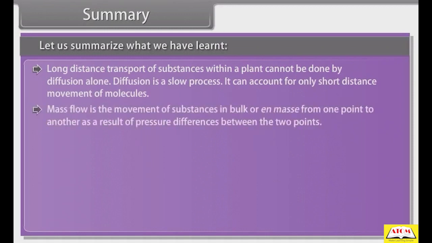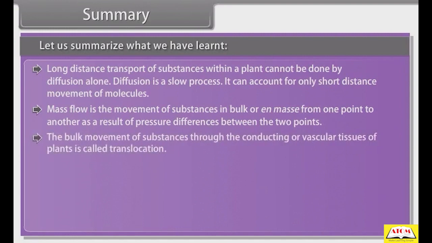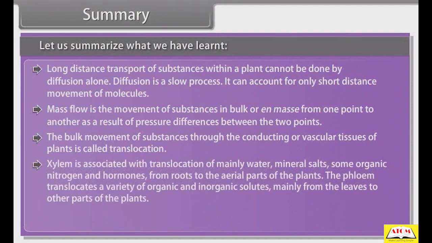Mass flow is the movement of substances in bulk or en masse from one point to another as a result of pressure differences between the 2 points. The bulk movement of substances through the conducting or vascular tissues of plants is called translocation. Xylem is associated with translocation of mainly water, mineral salts, some organic nitrogen and hormones from roots to the aerial parts of the plants.